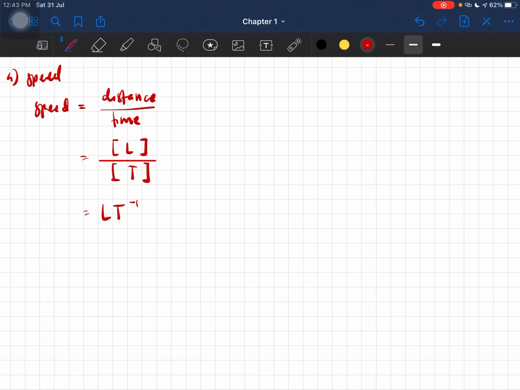Okay, so from here we can see that the SI unit is M S negative 1. Okay, so this one is simple, so I think you should be able to understand this.